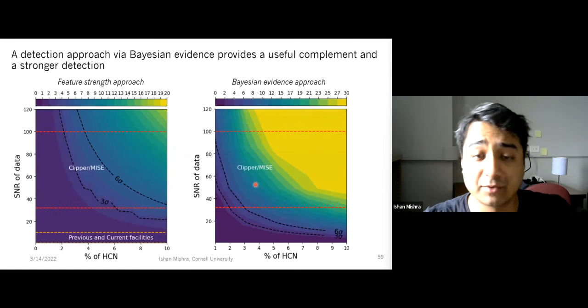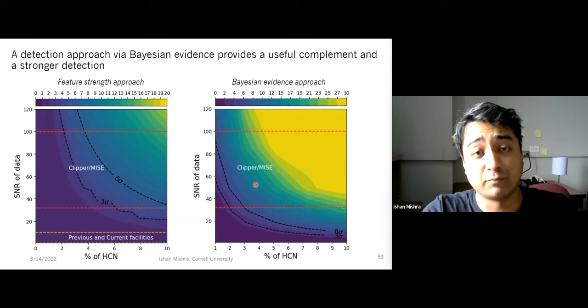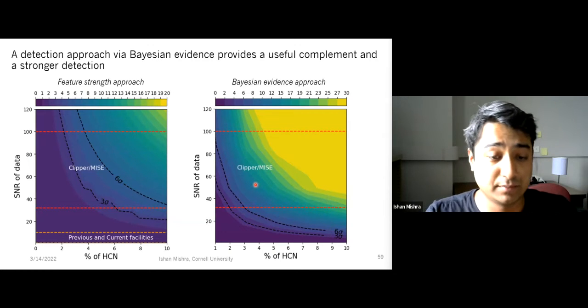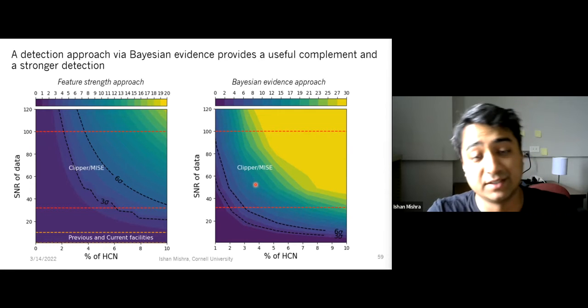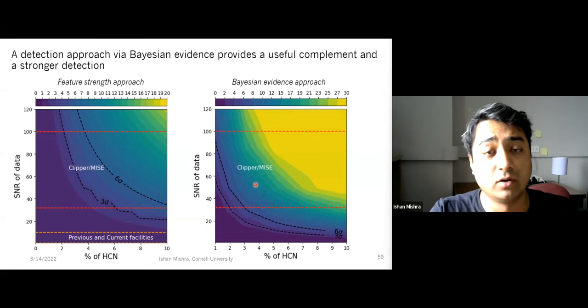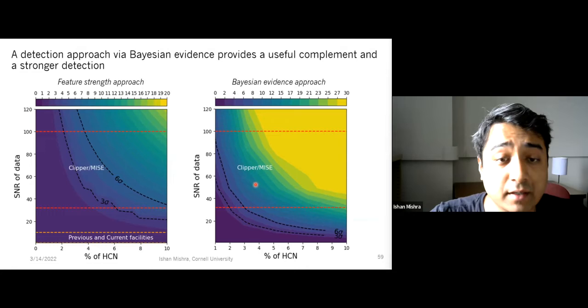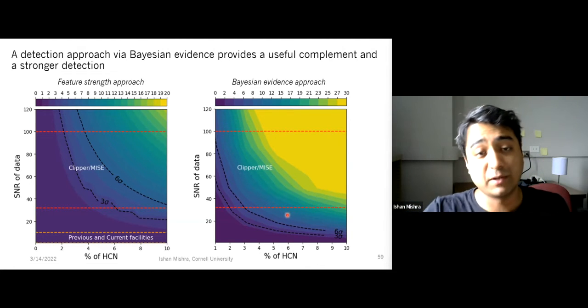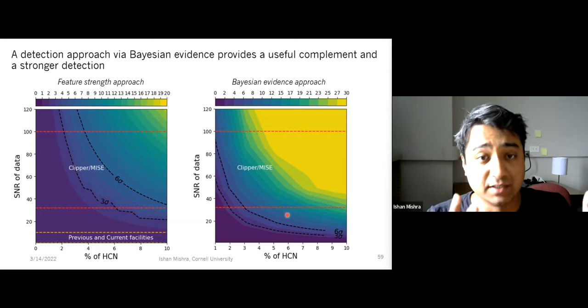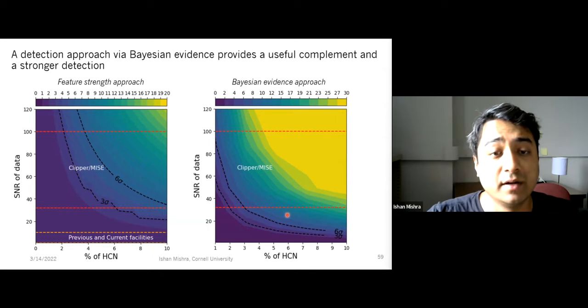So that's why, when you see tentative features for a particular organic, the Bayesian evidence approach that I have highlighted, which uses spectroscopic fitting, can actually give you a stronger detection. It complements just seeing the features, but it also gives you a stronger detection metric.